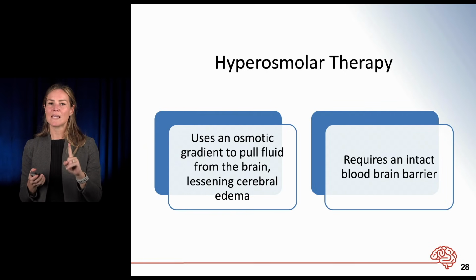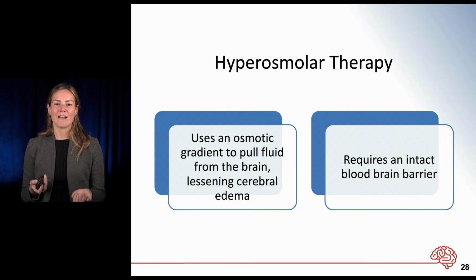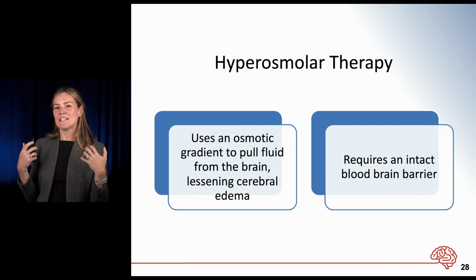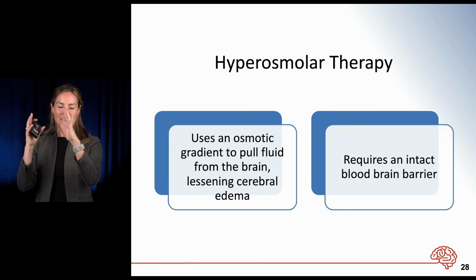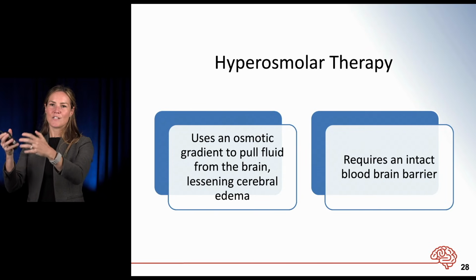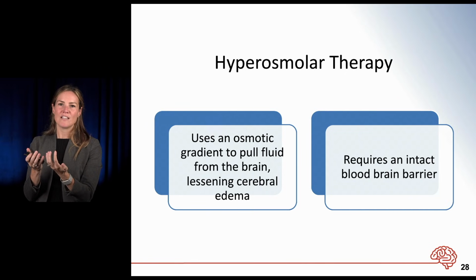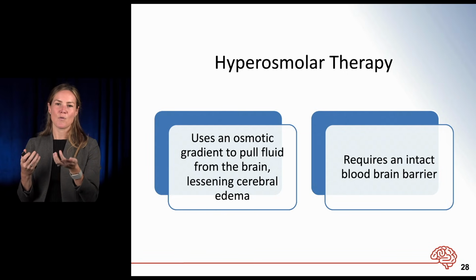Now, it's really important to recognize that to work, this requires an intact blood-brain barrier, right? So the osmolar therapy is actually shifting water from the cells that have an intact blood-brain barrier, the normal healthy cells, from the cells themselves, pulling water out into the vascular space where you have administered that hyperosmolar treatment, right?